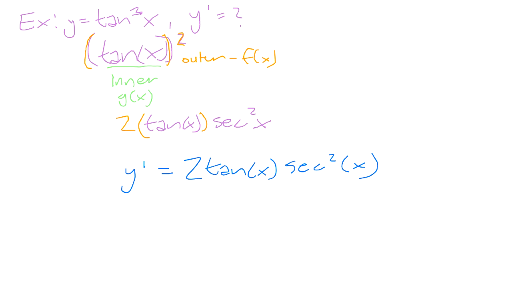And that brings us up to a cool little quick property that we can talk about. We can actually find a more specific chain rule when it comes to power rule.